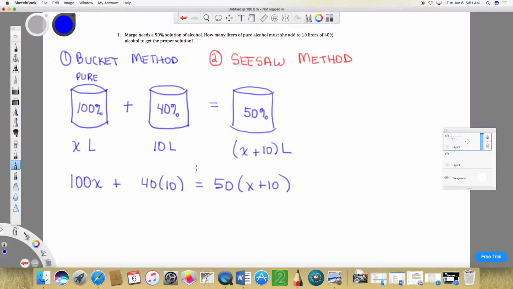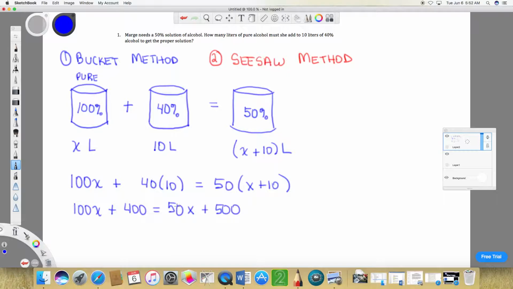So now I have an equation that models our situation, one equation and one unknown, and I'm going to solve for the variable x. So on the left-hand side, I have 100x plus 400. And on the right-hand side, I'm going to distribute the 50 through this binomial, and I have 50x plus 500.